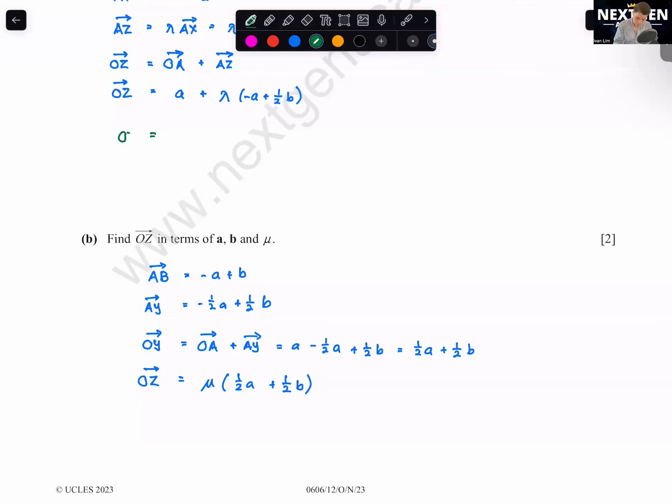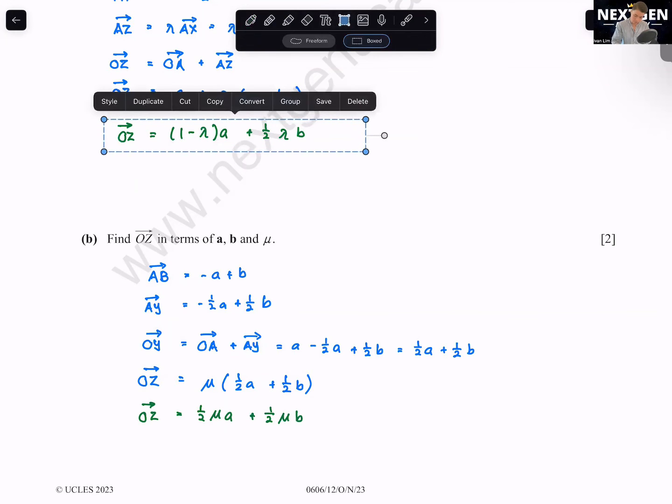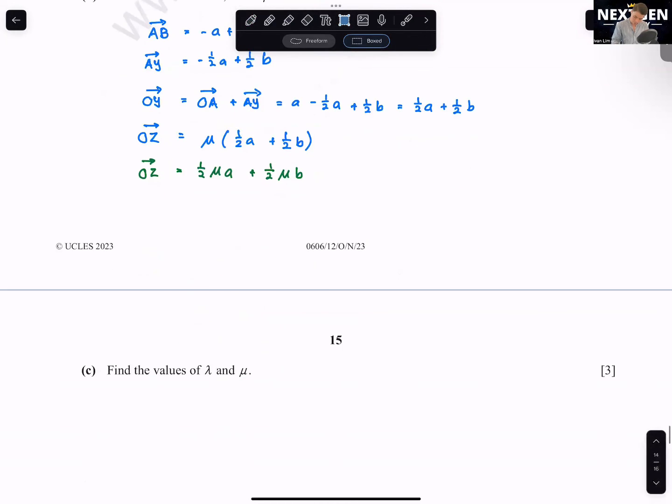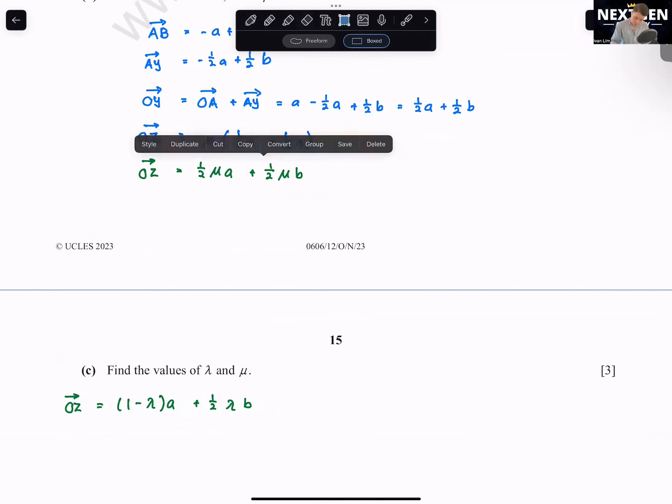So my OZ here can be written as 1 minus lambda A plus 1 over 2 lambda B. This one, I can write it as 1 over 2 mu A plus 1 over 2 mu B. So I'm going to take these two terms and equate them to each other.